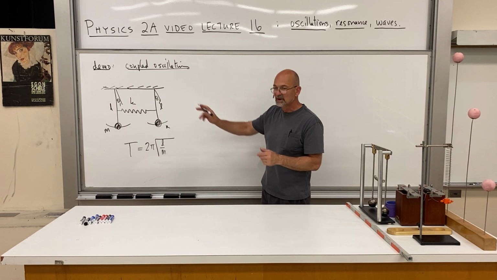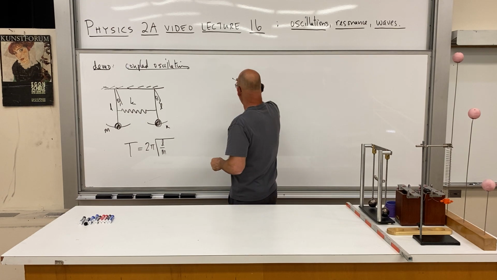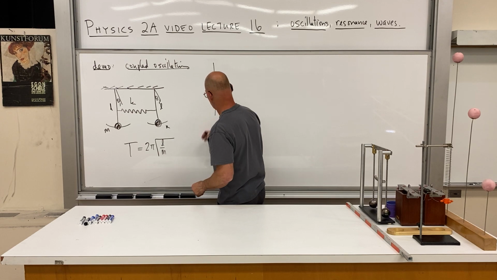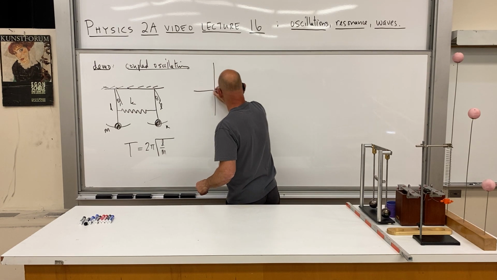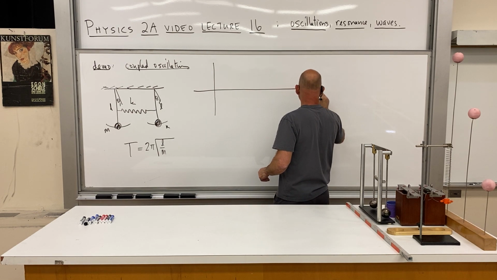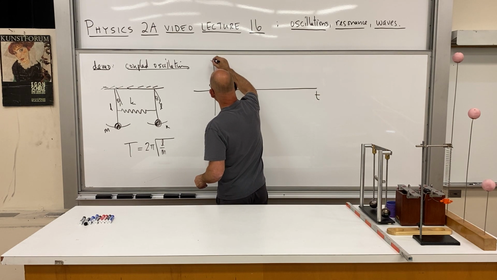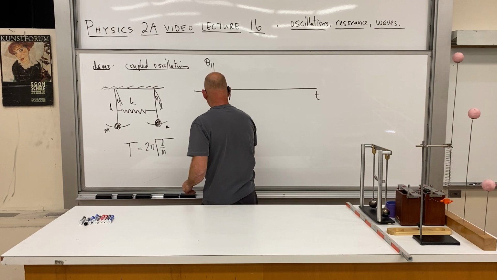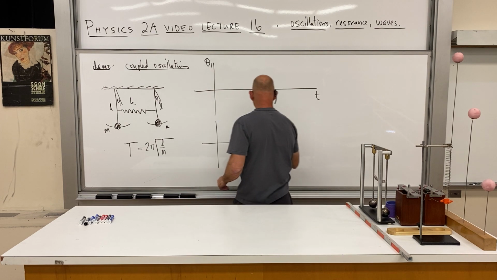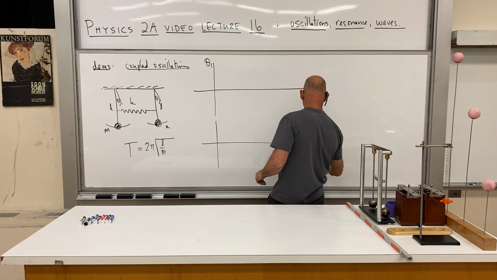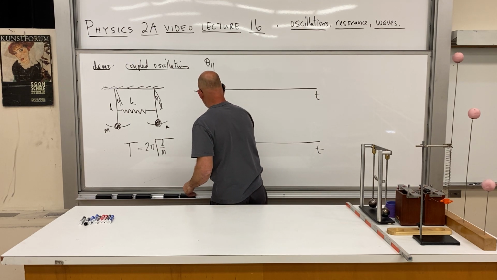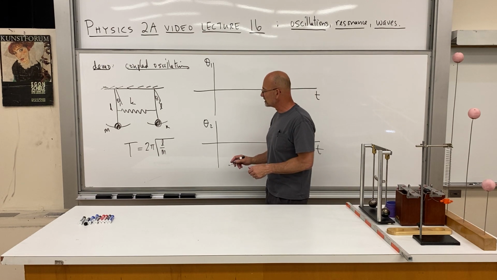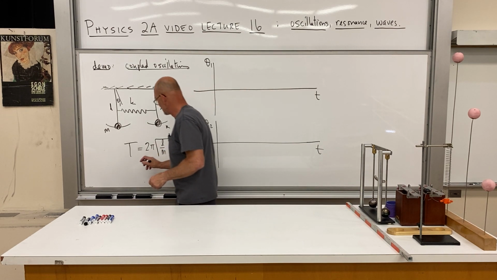Those were the two original periods. Now, what I want to draw is graphs on top of each other: theta as a function of t. So this will be theta 1, and directly on top of it, leave yourself some room for this graph, this will be theta 2 as a function of t. And the angle, let's see here.